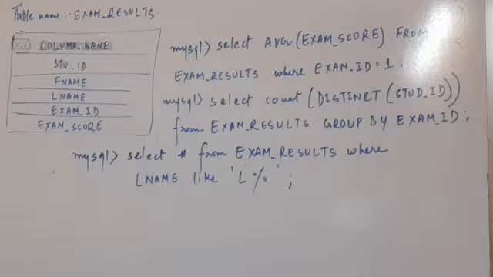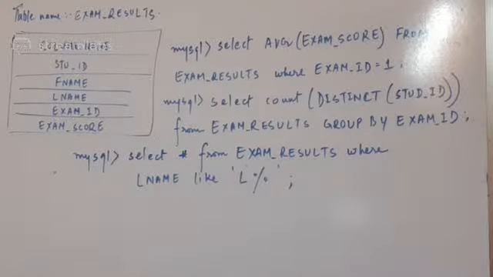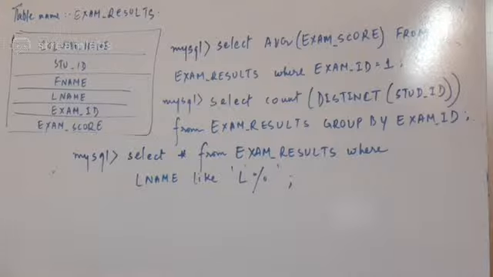That means whatever combination of alphabets is there after the alphabet L does not matter to us. Whatever the count of characters is also does not matter. Our main focus is that the last name column should be starting with L only.